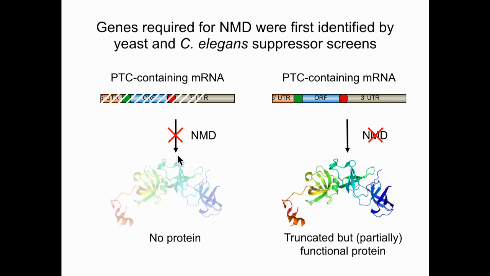NMD would essentially cause a complete loss of function. And the various groups screened for suppressors of these loss of function alleles, and they resulted in, as I said, truncated but partially functional proteins, which would rescue the various different phenotypes.